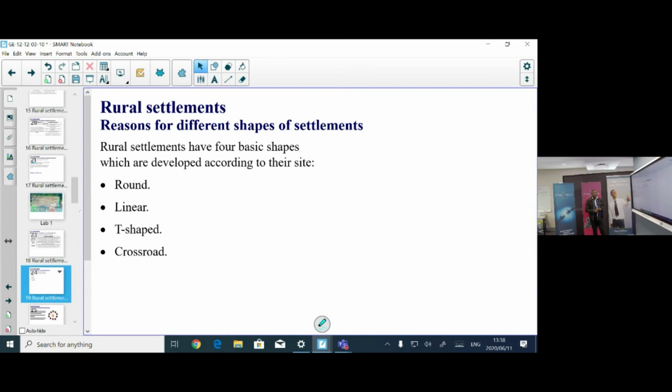Then we have got linear, usually around a route or following a river. T-shaped, this also is usually around the routes to the market, the roads. Crossroad, as it is self-explanatory, where the roads cross to the major markets. So people usually want to settle there.